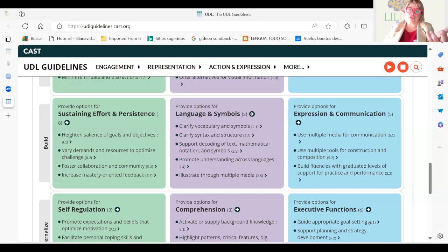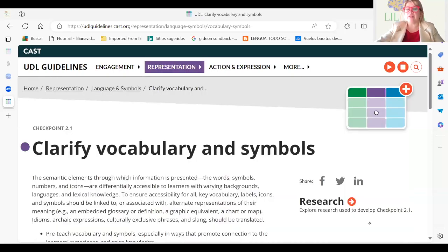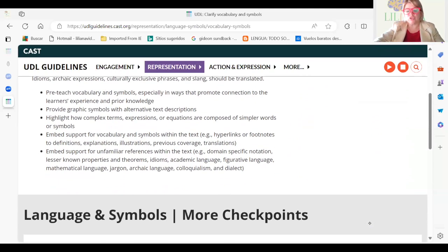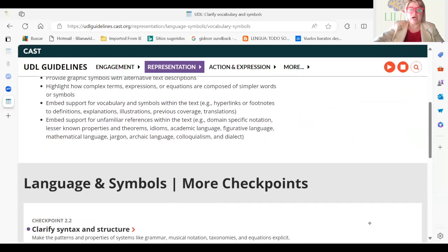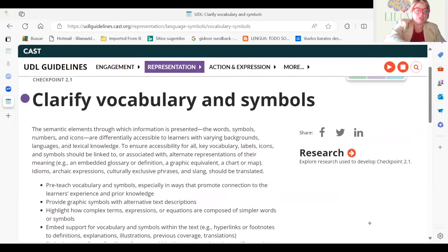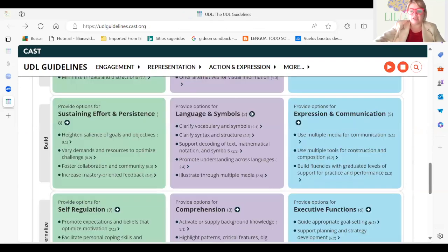So this can be a barrier too. You can come here, and UDL helps you: pre-teach vocabulary, provide graphic symbols, embedded support. So it gives all this for you to think about. These points are called the checkpoints, clarify vocabulary and symbols. So it's interesting to go to this part too.